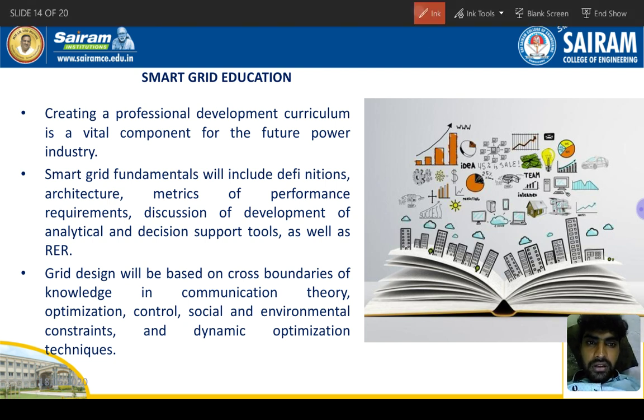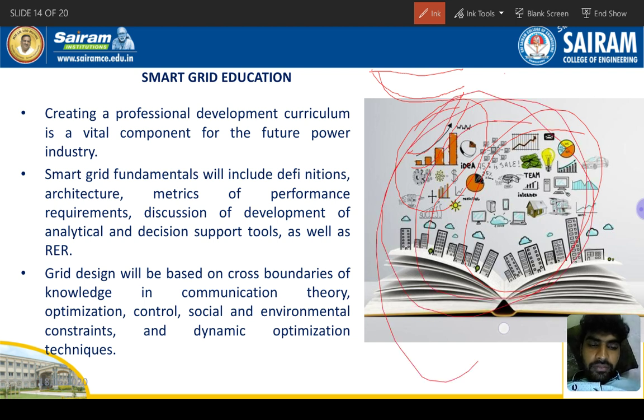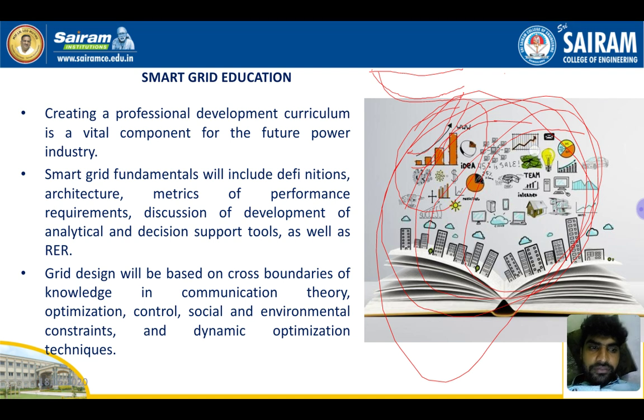As you can see in the picture, if you are upgrading, definitely it will be an increasing graph like this. If you are not upgrading, it will be a straight line, or it will be reducing. This picture refers to smart grid education.